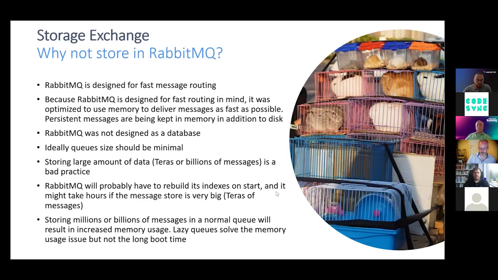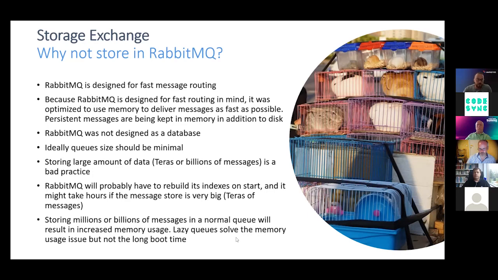Now about resources. Normal queues also use a lot of memory, even if you publish persistent data. This is because, as I said, RabbitMQ was optimized to use memory to route messages fast. So in comparison to normal queues, without the storage exchange you are going to have a lot of memory usage. With the storage exchange, it's minimal. It's the same as with lazy queues.